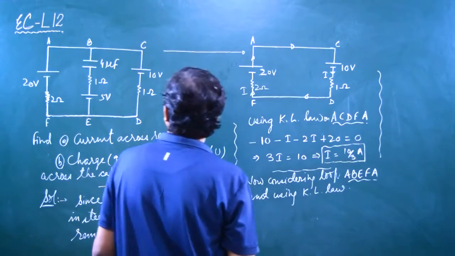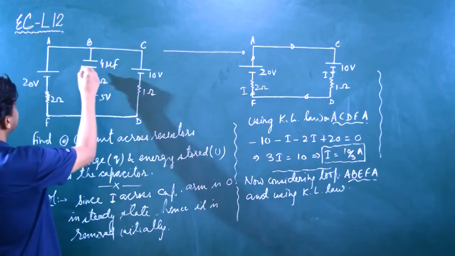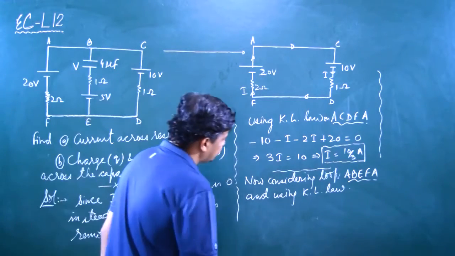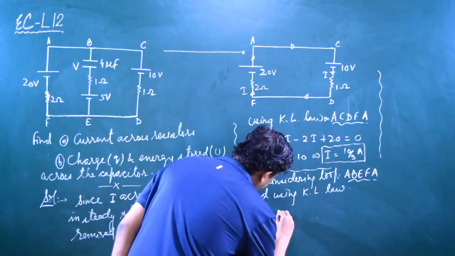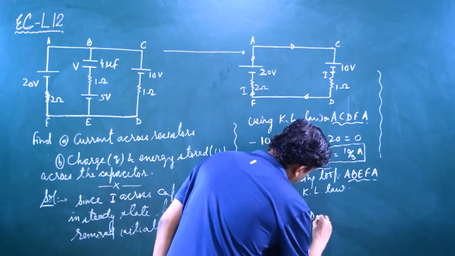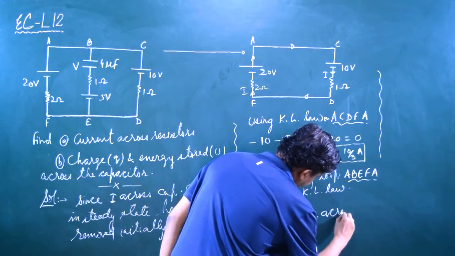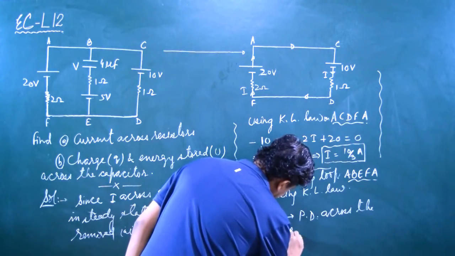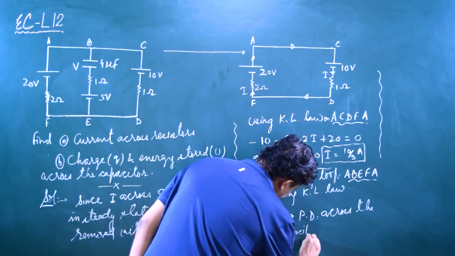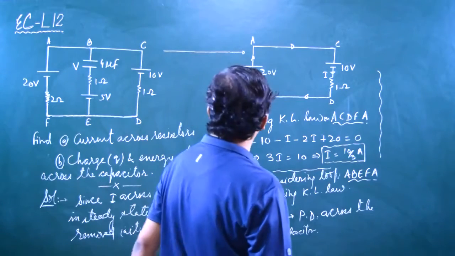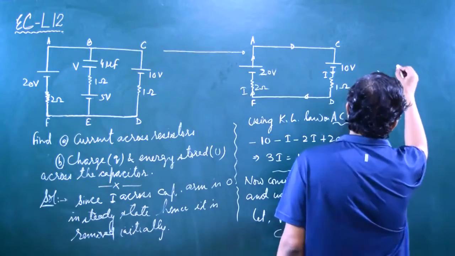Suppose the potential across the 4 microfarad capacitor we have taken V. Let V be the potential drop across the capacitor. That we may get using the Kirchhoff's loop law over the loop. So now we take this loop.